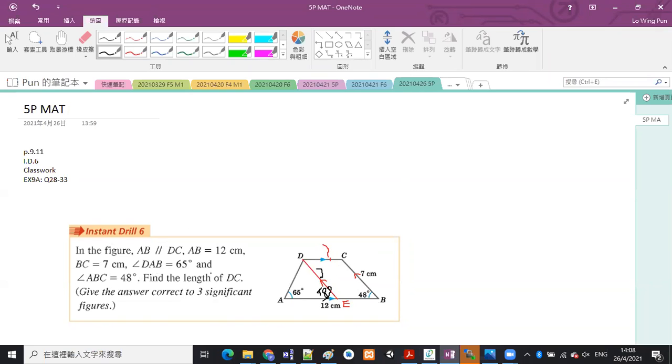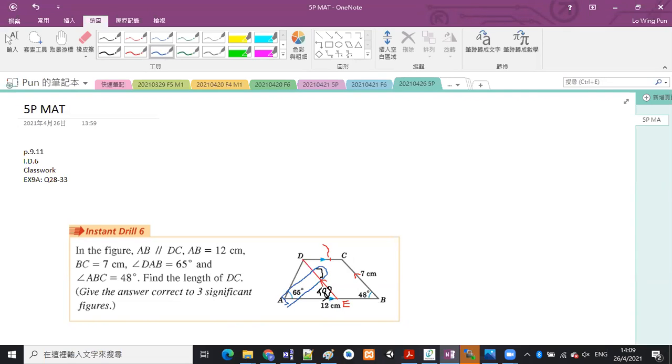So in triangle ADE, can you see that I have one pair of known corresponding length and angle? And I am qualified to use the sine formula in triangle ADE, right?